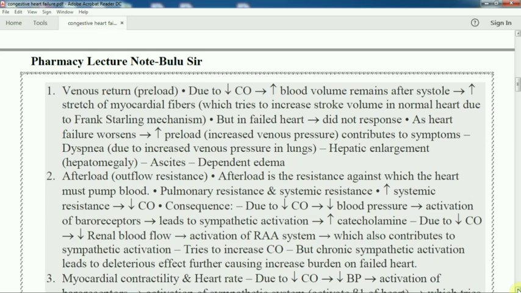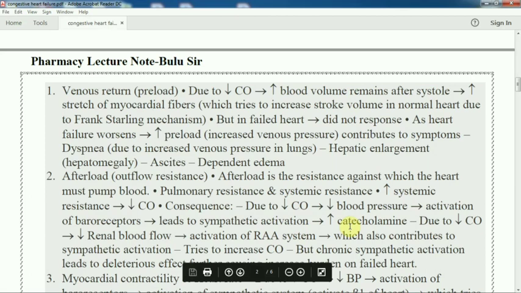So obviously the blood pressure also goes down. With decreased blood pressure, see the activation of baroreceptors, which leads to sympathetic activation. As a result, catecholamines increase.